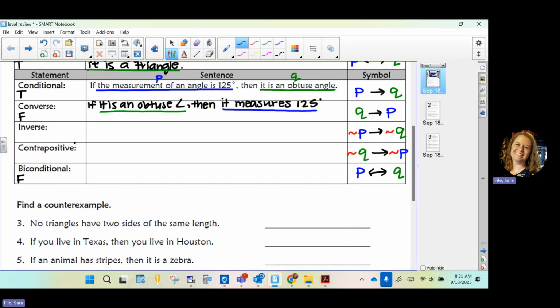So I'll write it. It's going to be the P if and only if Q. So it's going to say the measure of an angle is 125 degrees if and only if it is an obtuse angle.